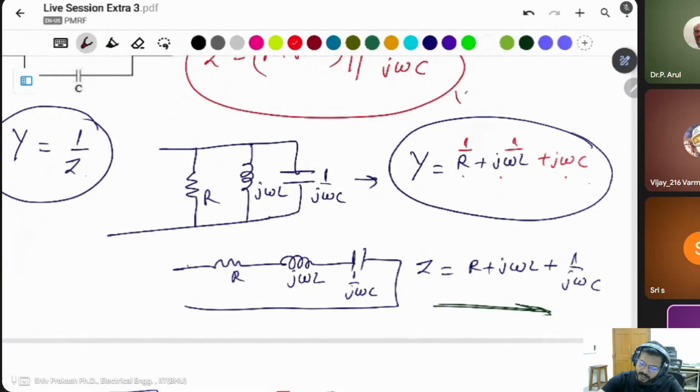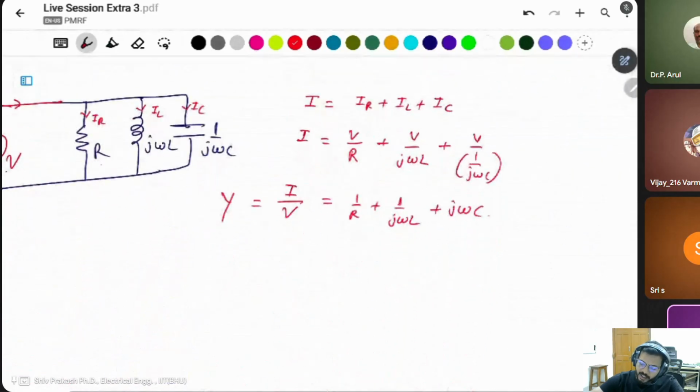It means admittance is admittance of R plus admittance of L plus admittance of C. These are all positive. And admittance of R is 1 by R. We know that R is the only impedance, not an admittance. That's why 1 by R is admittance. You can simply add these.